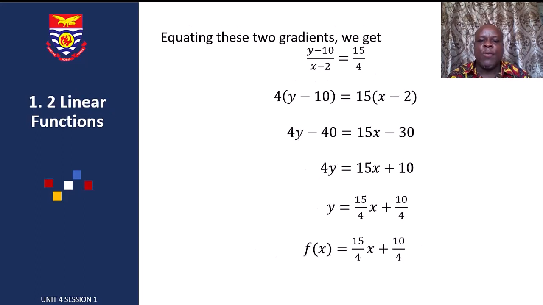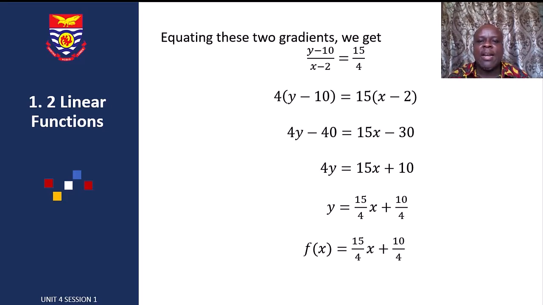We continue with the solution to the problem, and over here, after equating the two gradients, we will do cross multiplication so that 4 will multiply y minus 10 and 15 will multiply x minus 2. Then we use 4 to open the bracket to have 4y minus 40.